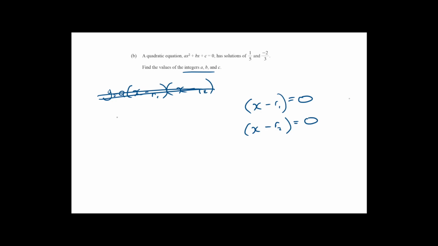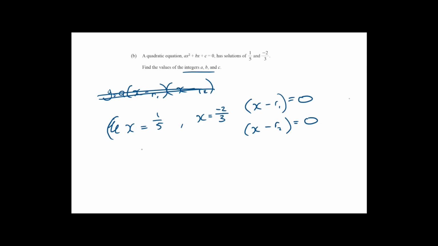In other words, the x value is going to be equal to 1/5, and the other x value is going to be equal to -2/3. So you want to bring everything over and then set that equal to 0.